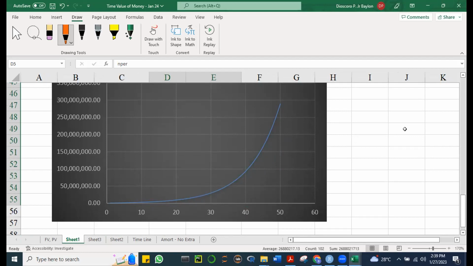So the implication is that the more you prolong the maturity of your investment, the greater will be the returns, especially if the compounding is more than annual, which we're going to discuss later.